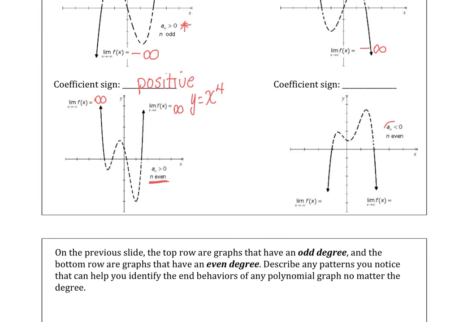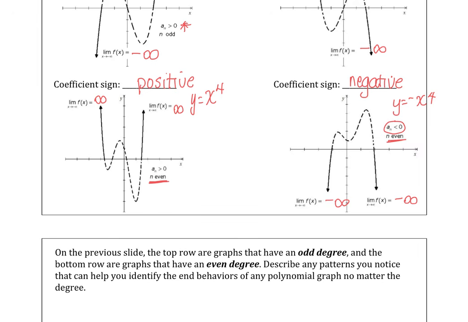And here we have a negative leading coefficient and an even power, something like negative x to the fourth. As the graph moves left, the y's go down. As x moves right, the y's go down. Our a value is negative.